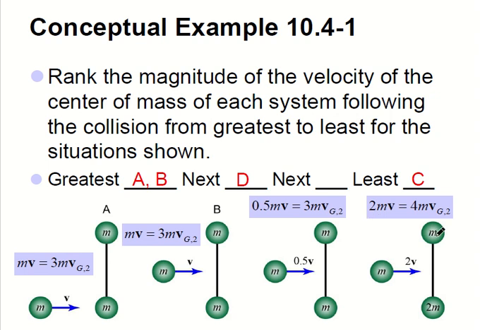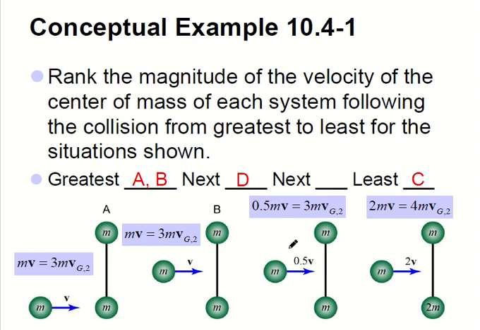So first, of course, we will calculate. The very first one uses conservation of momentum. Before, you start with mv; after that, you get 3 masses going with a final velocity v_G. The second one, we write the same thing: started out with mv, ended up with 3m and velocity v_G.